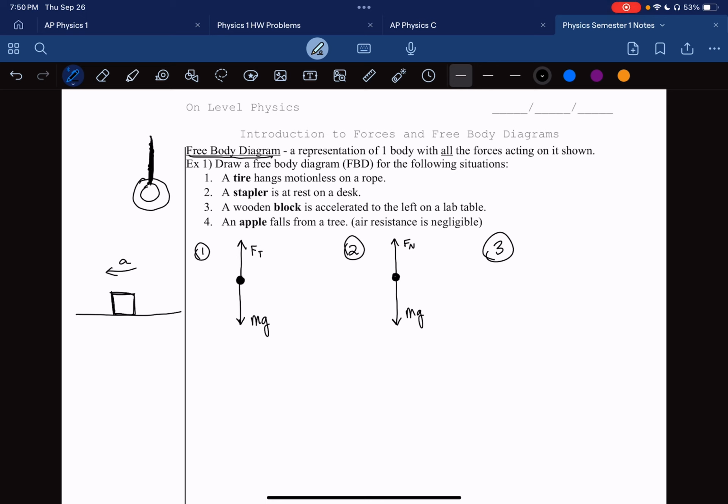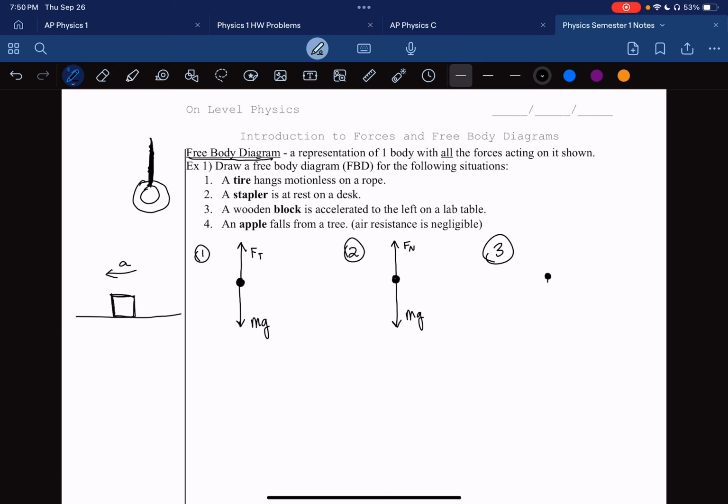That means that there needs to be a net force on this. So we'll draw a dot for the block. Now, again, starting with the obvious ones, it has gravitational force mg, it has mass, it's on a desk, so the desk is pushing back up on it with a normal force.